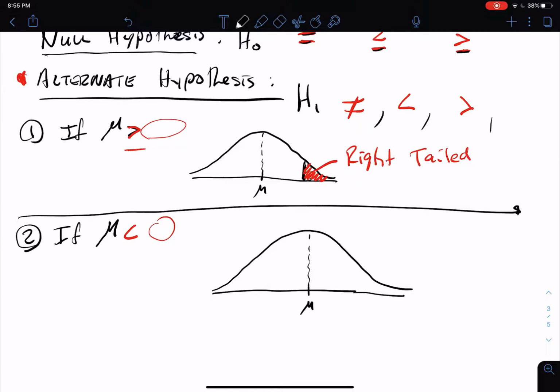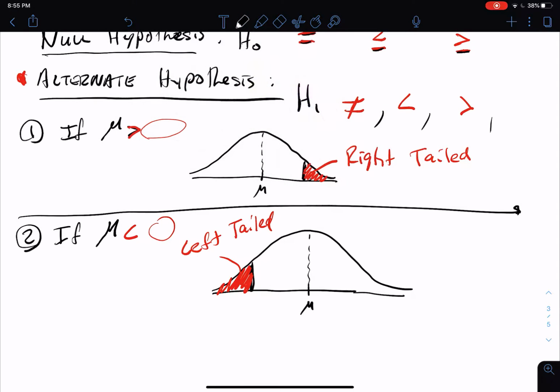If it's less than, it's not supposed to be equal to, so let me get rid of that just in case it looks like equal to. If it is less than, that means it's to the left, which means it's going to be a left-tailed test.